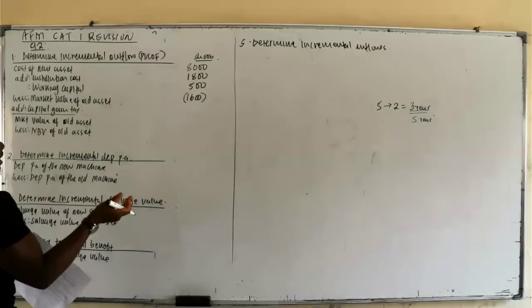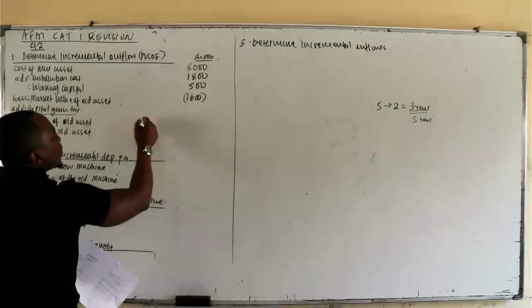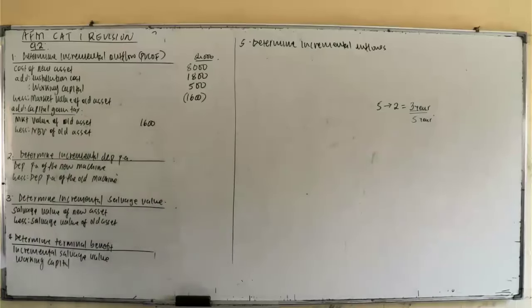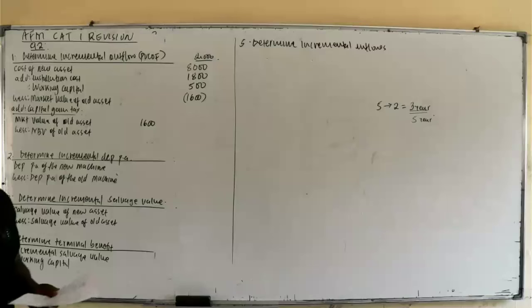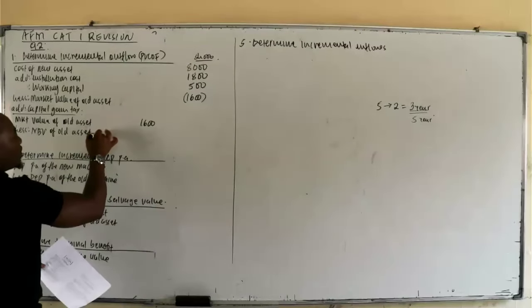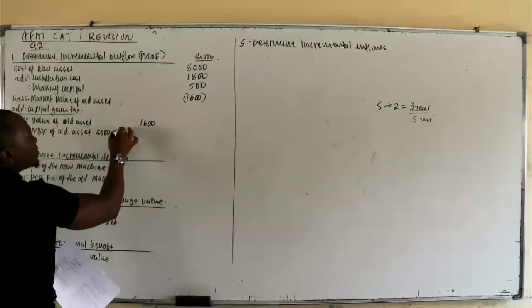How do you determine the capital gain? You take the market value of the old asset. If we sell it now, we are going to get 1.6. You compare it against the current carrying amount, which is what we call the net book value. To get the net book value, you take the cost minus accumulated depreciation. How much was the cost of the old asset? The cost of the old asset was 4 million.